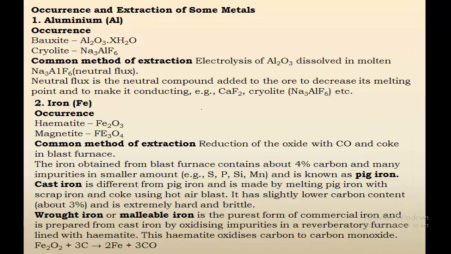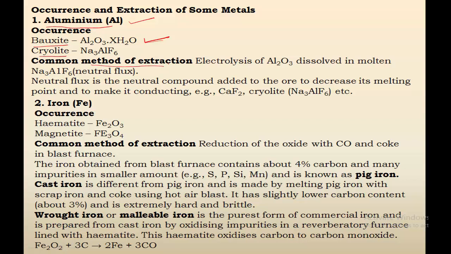So these are certain methods to refine the metals. Then for some of the metals, how they are extracted and what the sources are is given here. So we will simply glance at these things. The first one is aluminum. Occurrence: bauxite or cryolite, mainly obtained from bauxite, as you have learnt how to extract aluminum from bauxite.